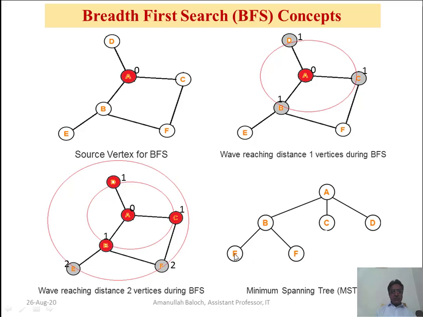So these two nodes E and F are attached with B, because during this depth we traverse these two nodes at the depth of B. So this was another concept of breadth first search algorithm.